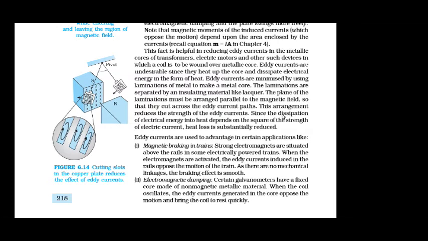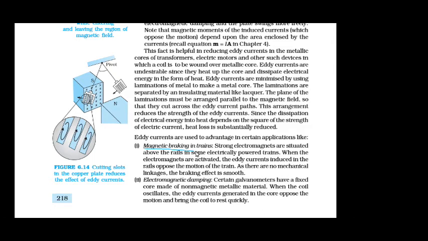Since dissipation of electric energy into heat depends on the square of the strength of the electric current, heat loss is substantially reduced. Eddy currents are used to advantage in certain applications, like first, magnetic braking in trains.